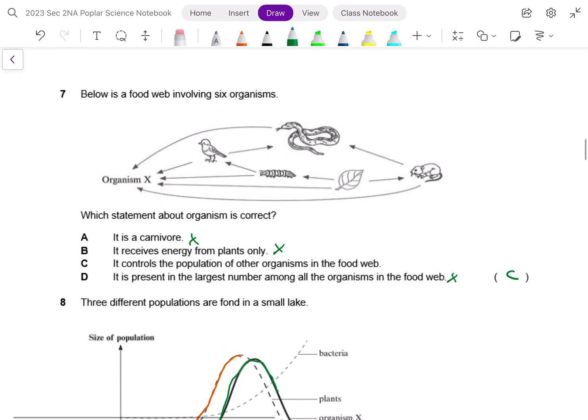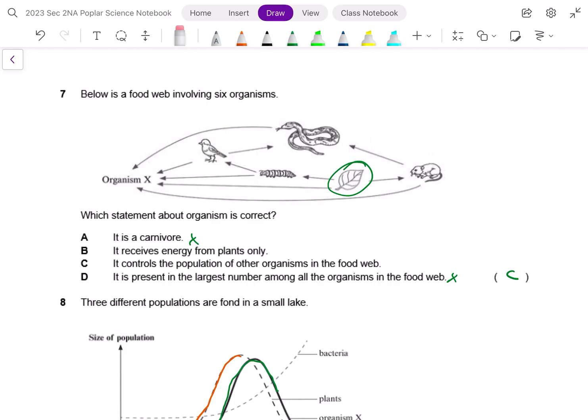Okay, it's not a carnivore, in the sense that you realize somehow it consumes the leaf. So not a carnivore. Receive energy from plants. Okay, maybe this one. Let's see. It controls the population of other organisms. Seems so, because it affects everyone.